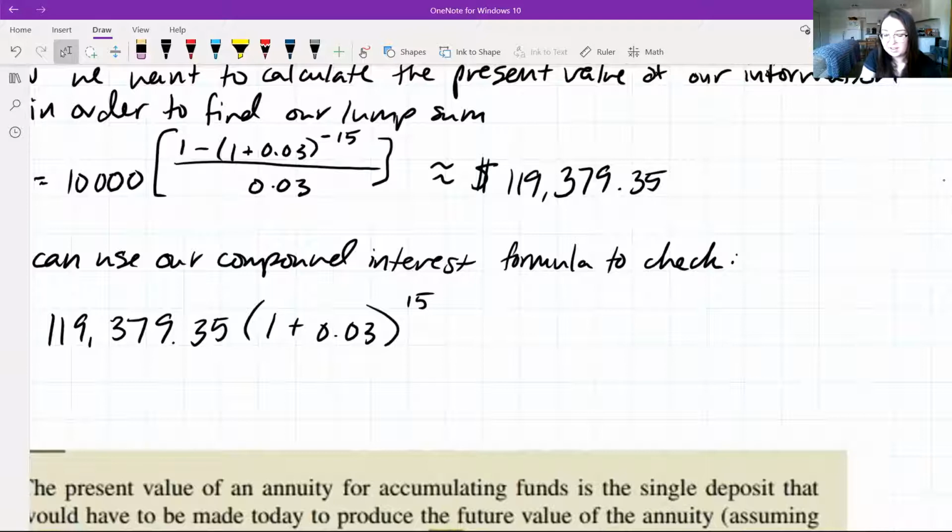If you calculate this value, you should end up getting $185,984.14.